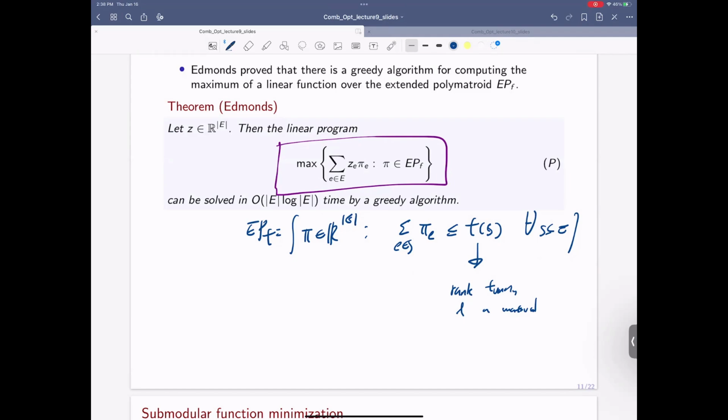In the sense that if you define this kind of set, if you look at this description, this is a set of vectors. But when you define a matroid, a matroid has this kind of down-closedness property, meaning if you have any independent set, then all its subsets, including the empty set, are independent. If you look at this description, let's say I have a vector pi. Okay, pi is now a vector. Now you can decrease its components.